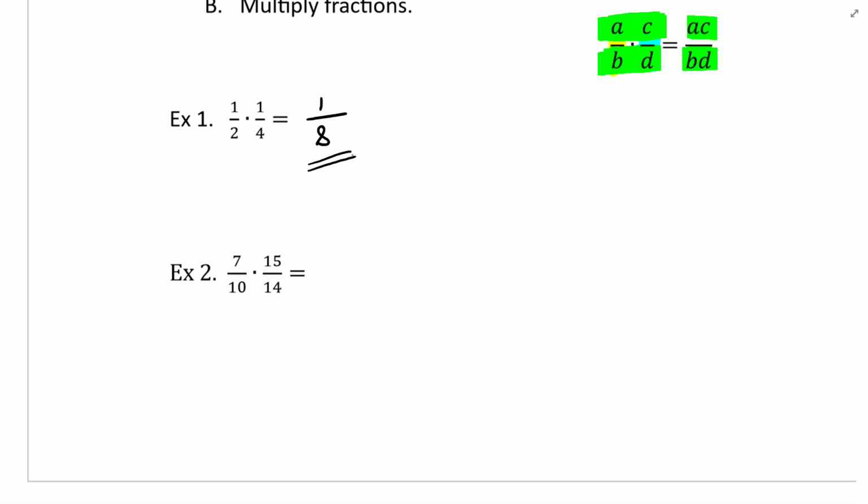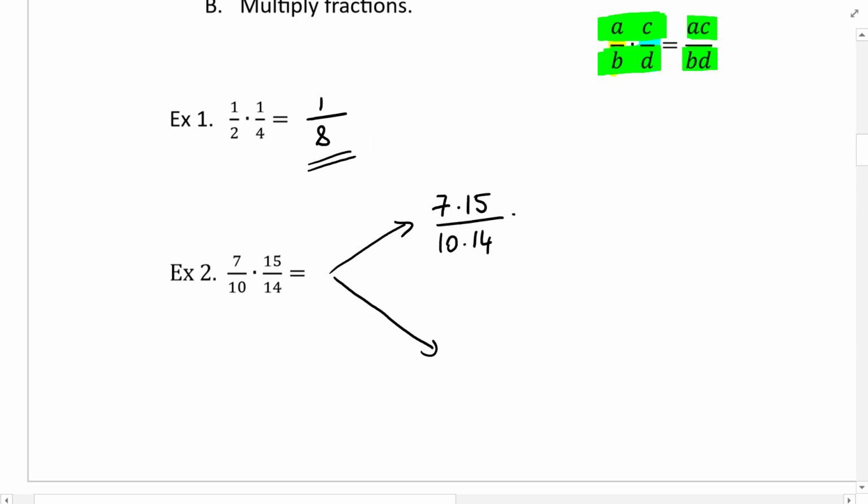Now let's take a look at the next problem. 7 over 10 times 15 over 14. I'm going to solve it using two methods. One method is to multiply across, so 7 times 15 over 10 times 14. And we can say, well, 7 times 15 is 105, and 10 times 14 is 140. And then we notice that we can simplify further by dividing both numbers by 5.